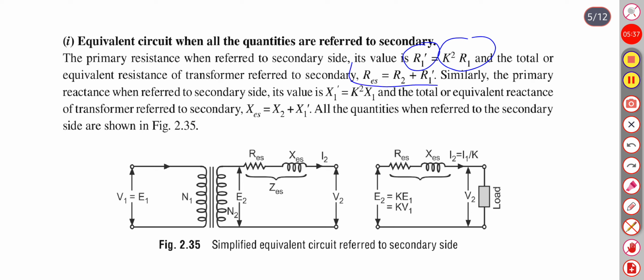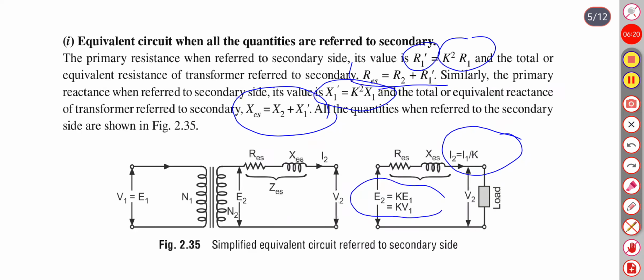Similarly, the primary reactance X1 dash will become K square X1, and equivalent reactance will become X2 plus X1 dash, meaning K square X1. So here we are getting one relationship that I2 equals I1 upon K. K is nothing but the transformation ratio, and E2 equals K E1 or K V1.